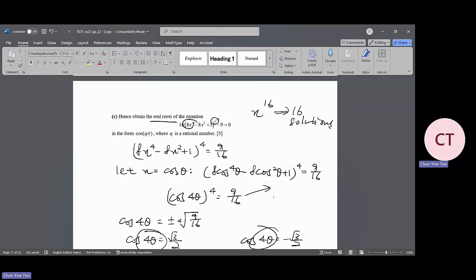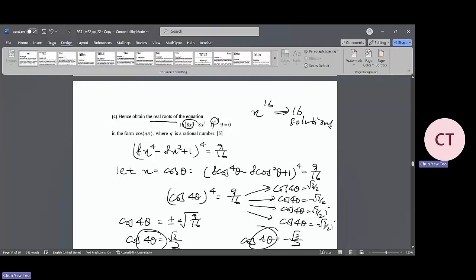So the cos 4 theta will have positive root 3 over 2, negative root 3 over 2. Another one is a positive root 3 over 2 i, and another one is a negative root 3 over 2 i.